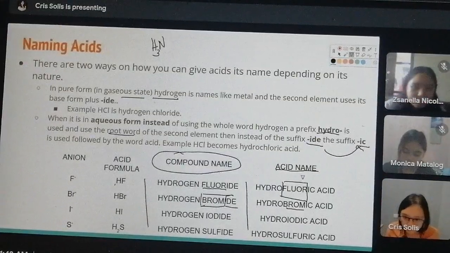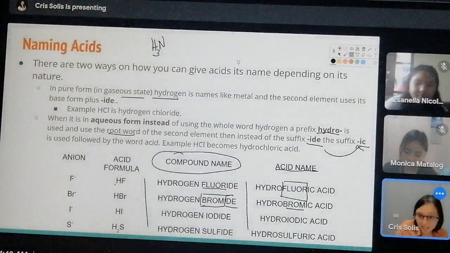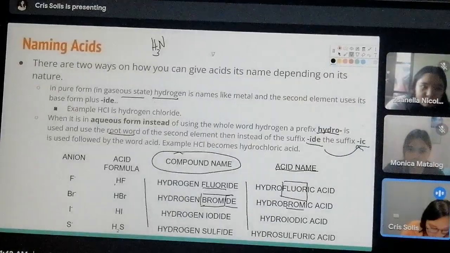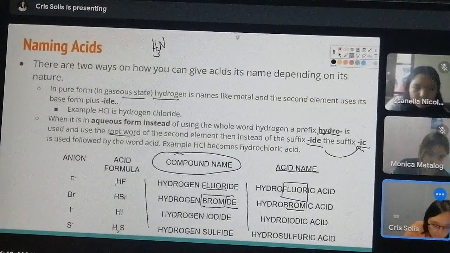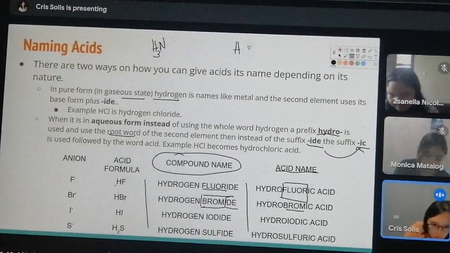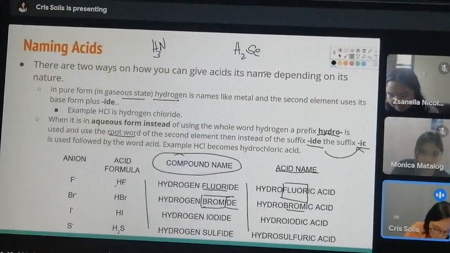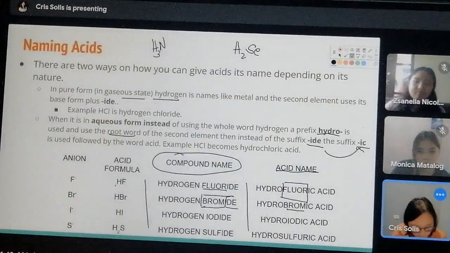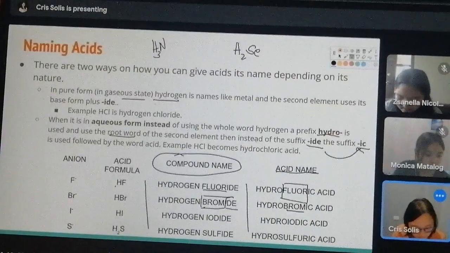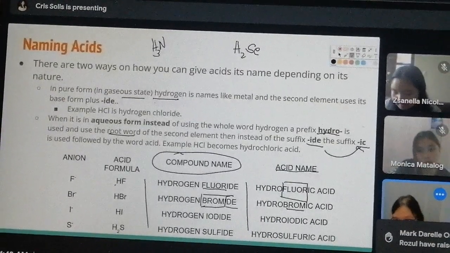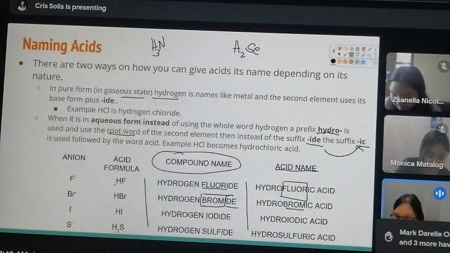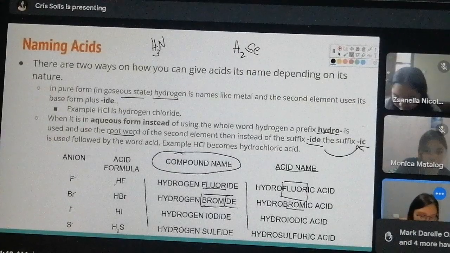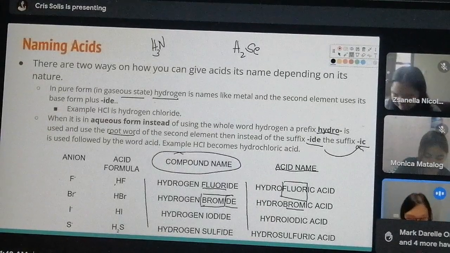Okay. One more. Let's try H2Se. Quincy, give me the compound name.